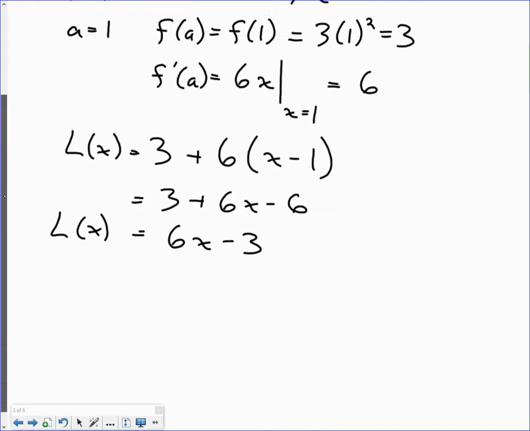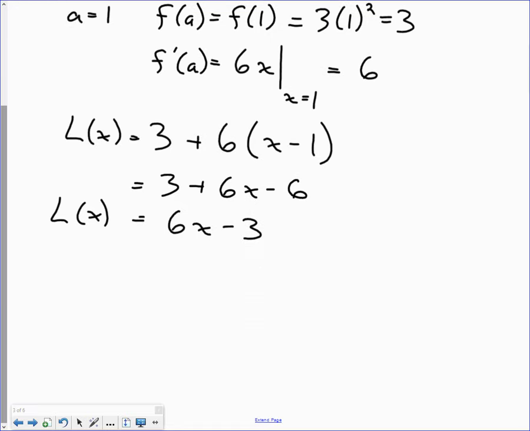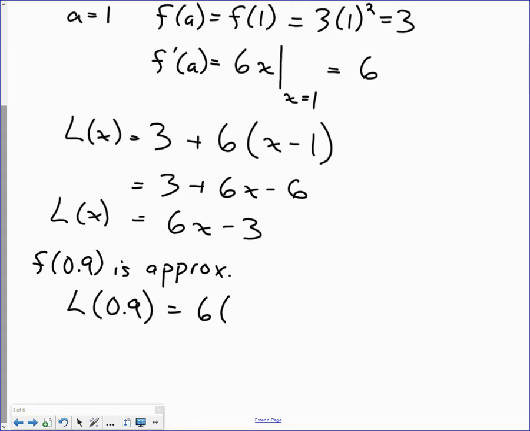If we want an approximate value for f at 0.9, we just sub 0.9 into our linearization equation. So it is going to be 6 times 0.9 minus 3, equals 2.4.